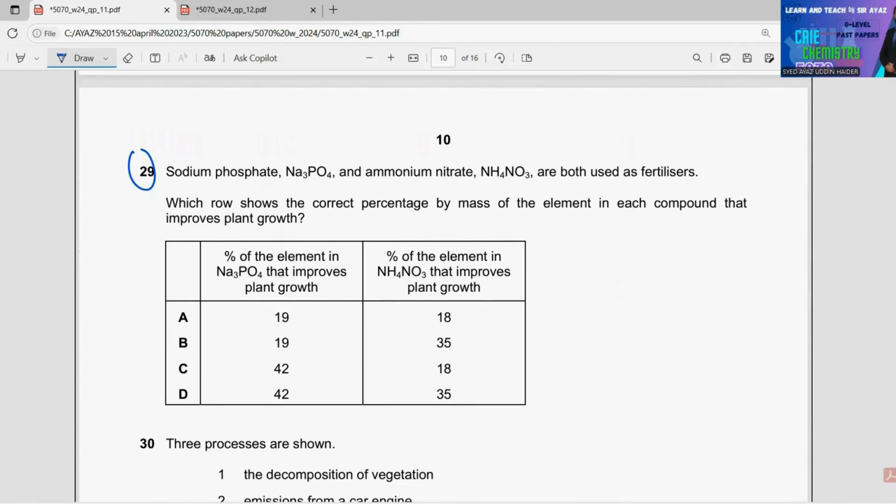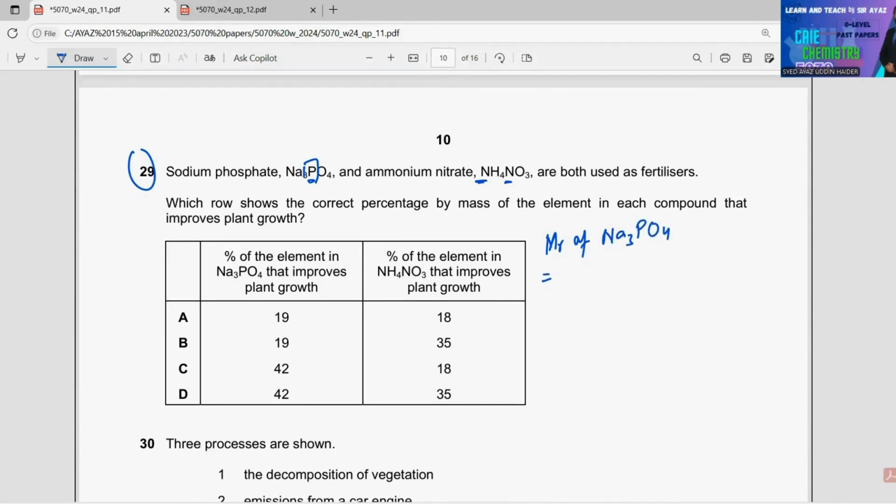Now, in sodium phosphate, phosphorus improves plant growth. In the case of ammonium nitrate, it's nitrogen. So let's calculate the percentage of phosphorus in sodium phosphate. We need the MR of Na3PO4.